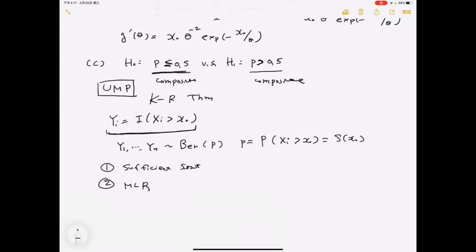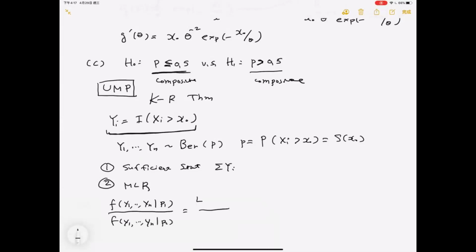So for Y1 to Yn Bernoulli distribution, it shouldn't be hard for you to find that the summation of Yi is a sufficient statistic. And then, for example, I have the joint PDF of Y1 to Yn given p1, and the other joint PDF, or likelihood function, of Y1 to Yn given p2.